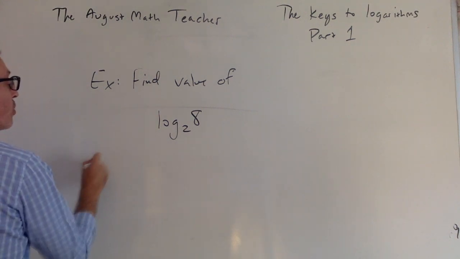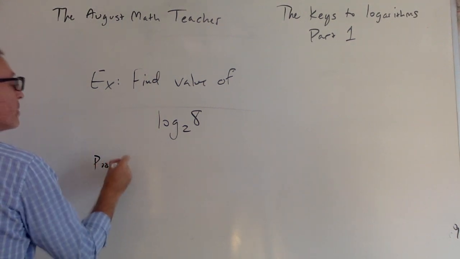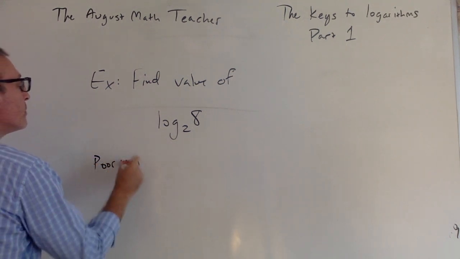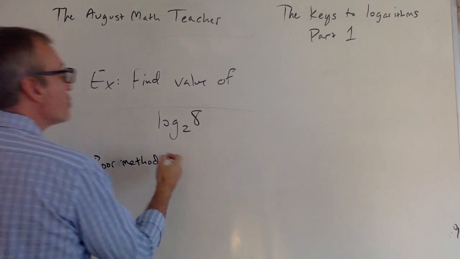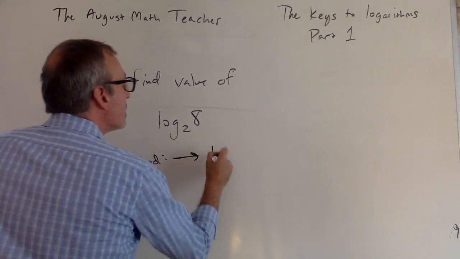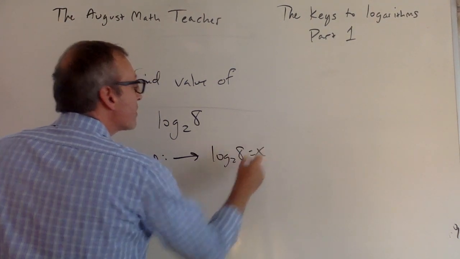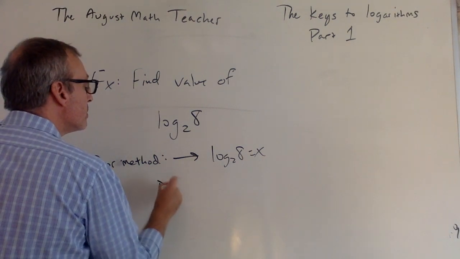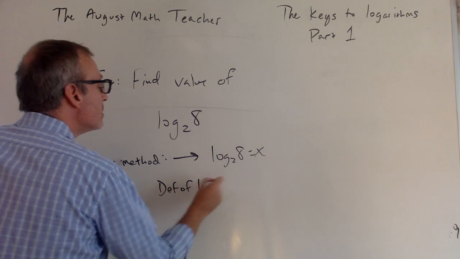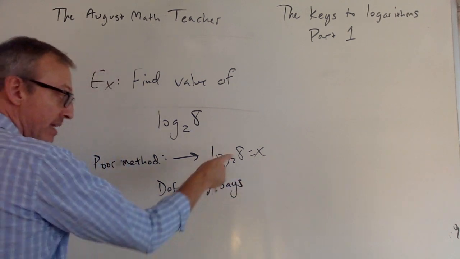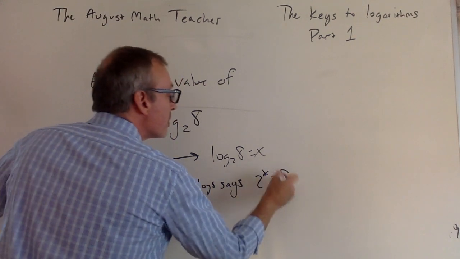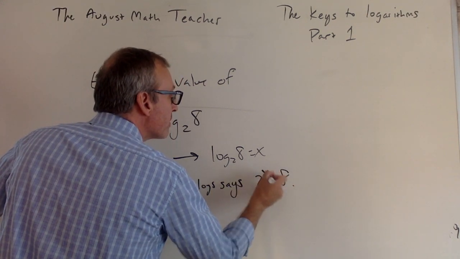So a poor method is to write it as log base 2 of 8 equals x, and then use the definition of logs, which says that 2 to the x is equal to 8.